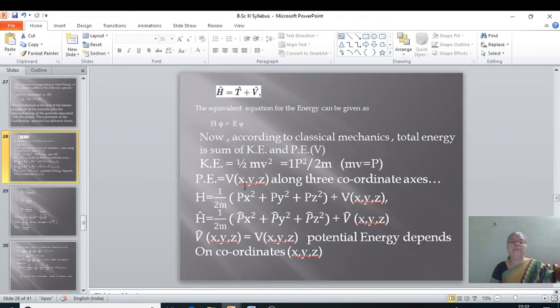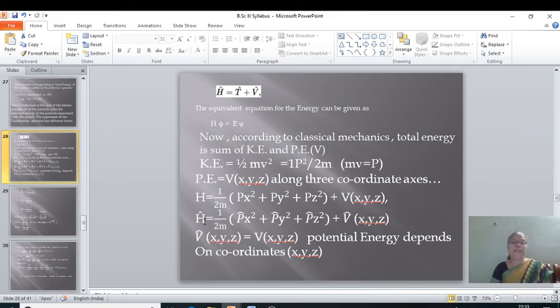And potential energy depends on coordinates. Therefore, we can write V in brackets x comma y comma z. Then the total energy in terms of momentum, we can write 1 by 2m in brackets px square plus py square plus pz square, plus potential energy along the 3 coordinate axes.